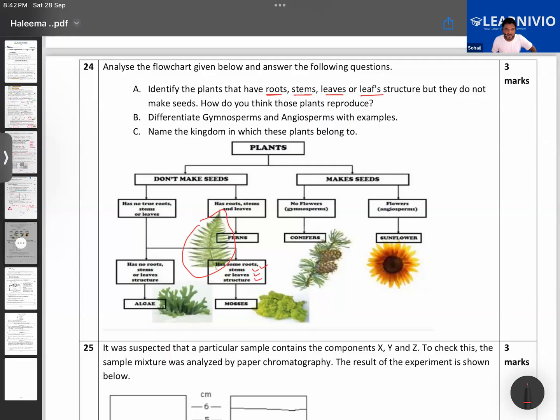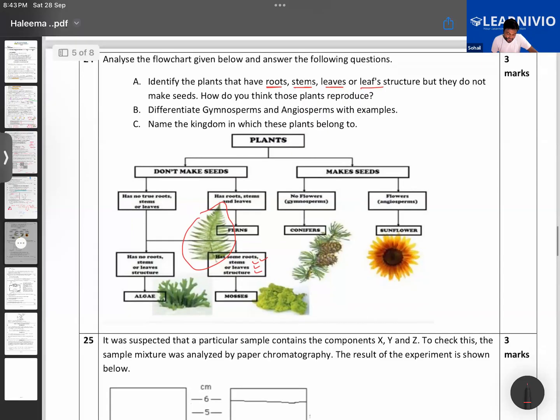They are either sporophyte or gametophyte, meaning that they will be producing some spores, and when those spores land on the soil, if the conditions are suitable, they will grow. Or some of them will be producing gametes, releasing the sperm and the egg. That also happens.